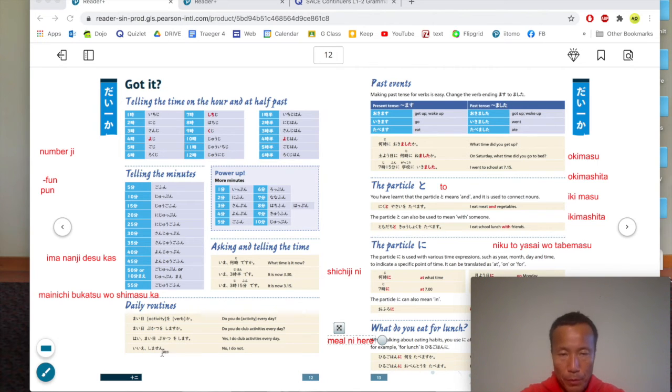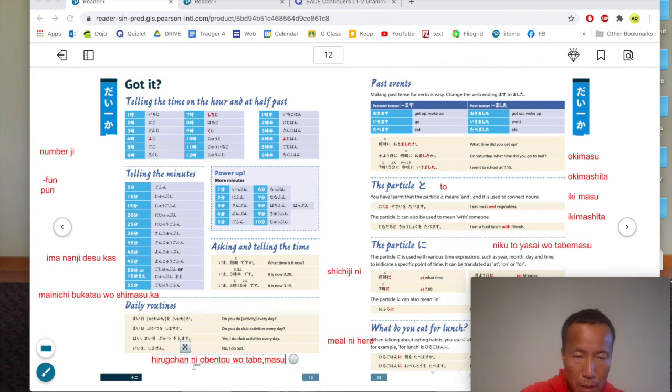For example, the bottom one is 昼ご飯にお弁当を食べます. For lunch, 昼ご飯に, お弁当 lunchbox を食べます. I eat the lunchbox. Okay, so that's pretty much it for the concept.